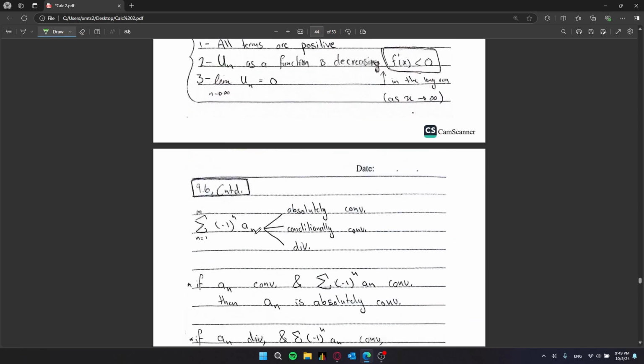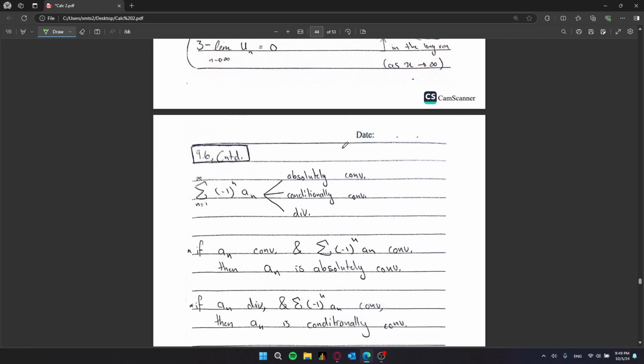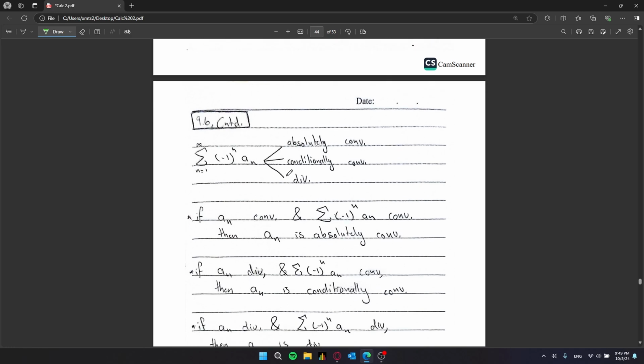When you apply this test, there are three conditions that you can determine the answer of. It is either going to be absolutely convergent, conditionally convergent, or divergent. It is absolutely convergent if the summation of the absolute value of a of n is convergent and the summation is convergent.